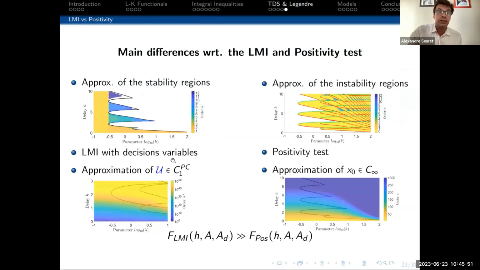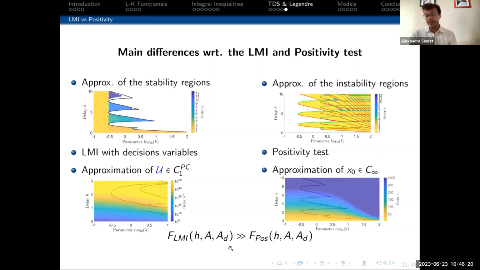So the good thing about LMIs is that you have some properties of robustness that are able to be assessed, which is not the case with the positivity test, but the positivity test has the benefit of not involving decision variables as in LMIs.